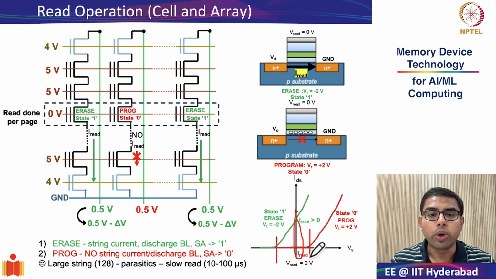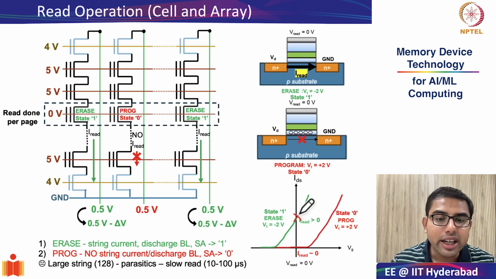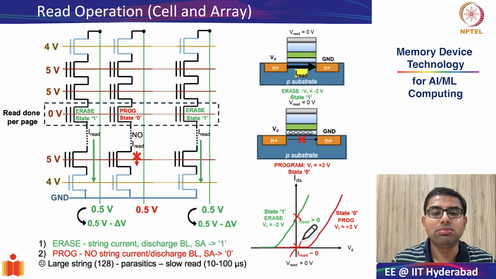Here erase and program had minus 2 volts and plus 2 volts threshold voltage, so that is why we selected the read voltage to be at a 0 gate bias, right? After that, you apply a small drain bias and see whether the transistor is in the on state, then it is an erased condition, or is it in the off state, then it will be in state 0 or program condition, right? So this is what we saw.